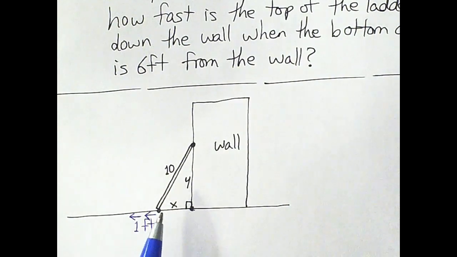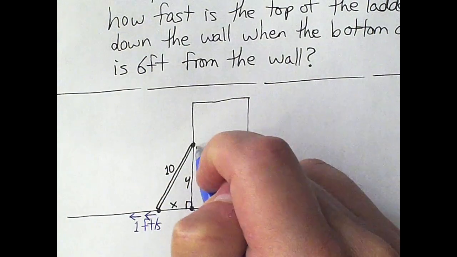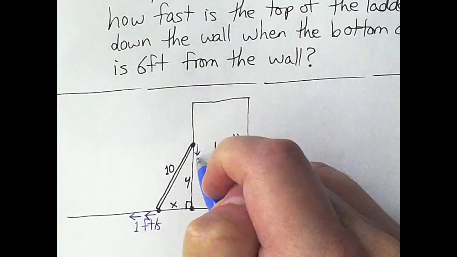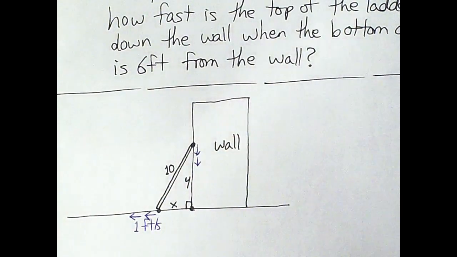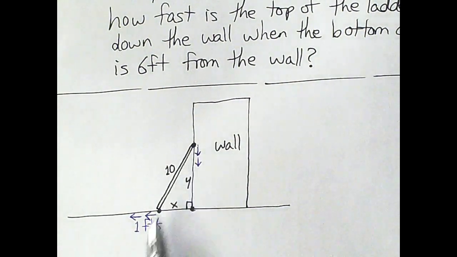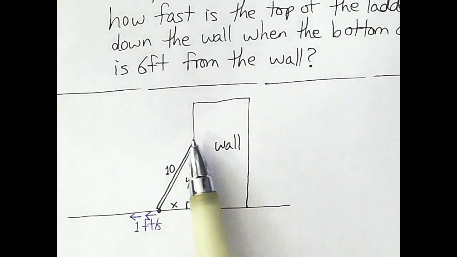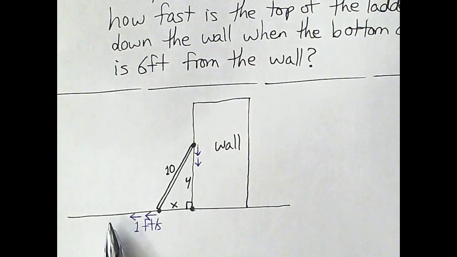Can you picture as this slides in this direction, the top of the ladder is going to slide downward? That makes sense, right? And then eventually, after enough time passes, the ladder is going to be completely flat on the ground. This point is going to move to the left. This point is going to move all the way down, and the ladder is going to have slid all the way down and just be flat.